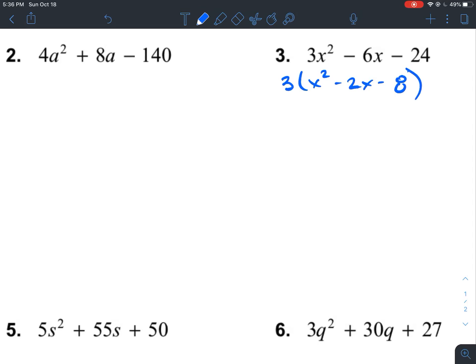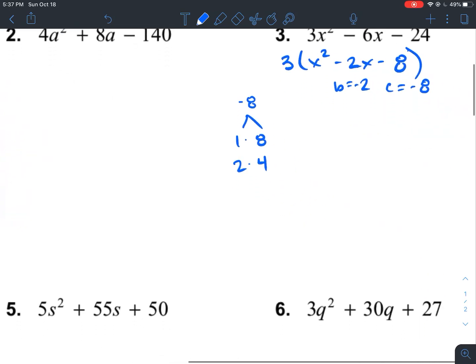Alright, so 3 times x squared minus 2x minus 8. And then proceed as you normally would. So we know b is equal to negative 2 and c is equal to negative 8. So we want to find two numbers that multiply to be negative 8 and add to be negative 2. So multiple factors of 8 are 1 and 8 and 2 and 4.